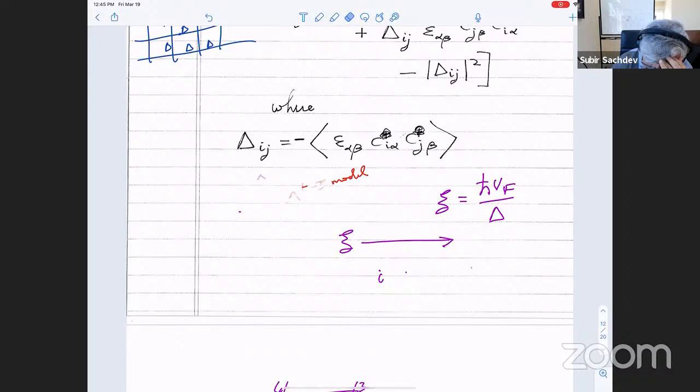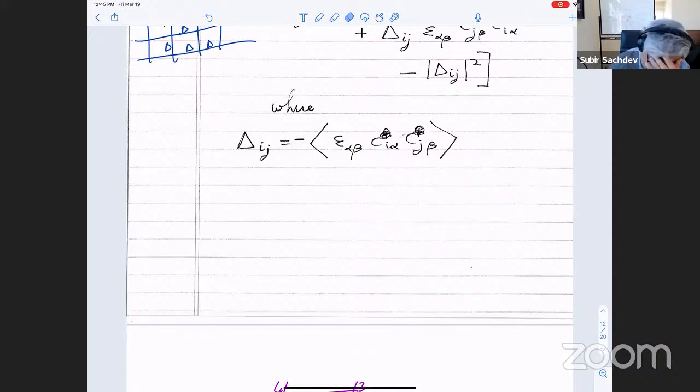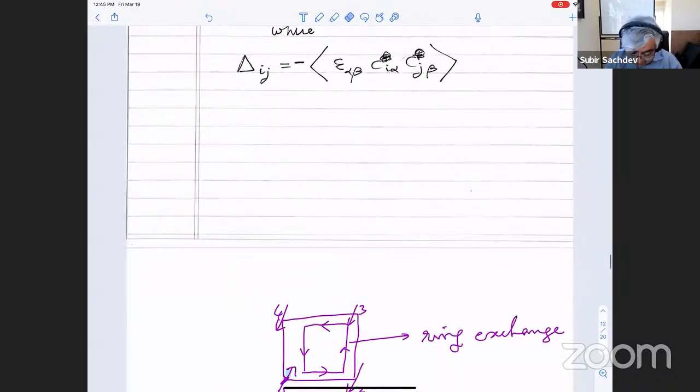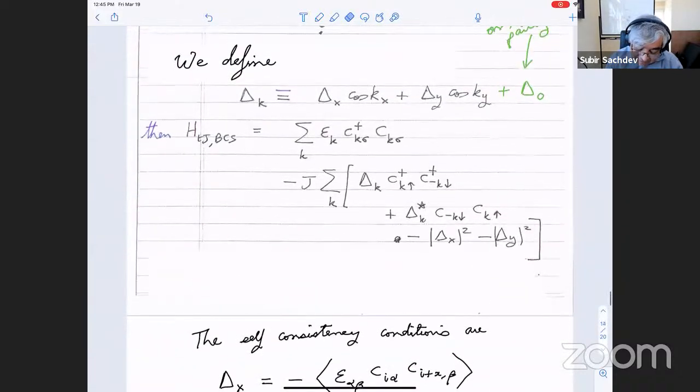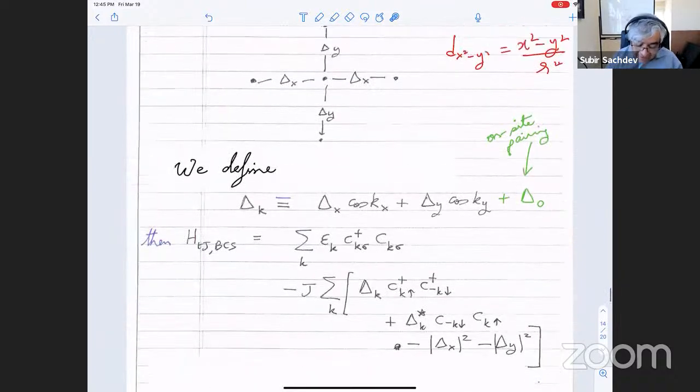So what appears in the Hamiltonian is this quantity delta_k, which is delta_x cosine k_x plus delta_y cosine k_y. This is what appears in the Hamiltonian here, whereas in the BCS theory, what appears in the Hamiltonian was strictly exactly a constant.